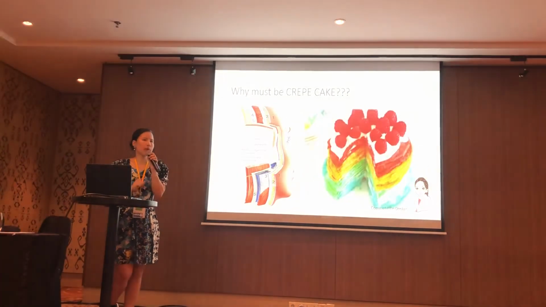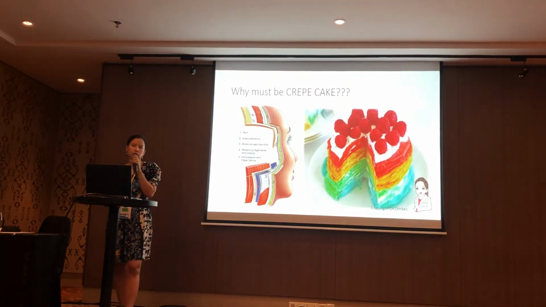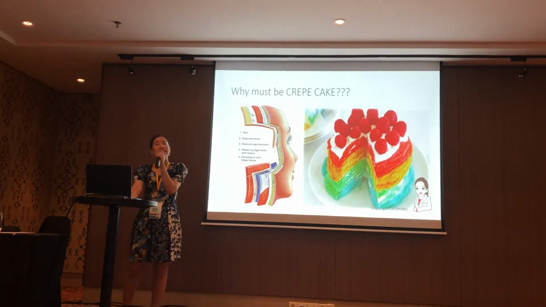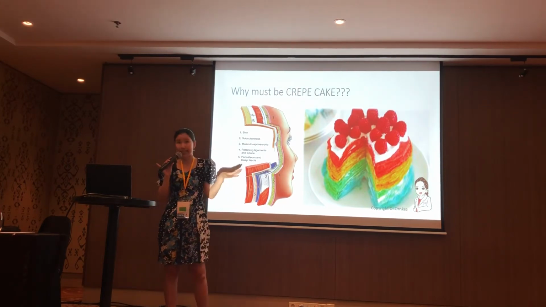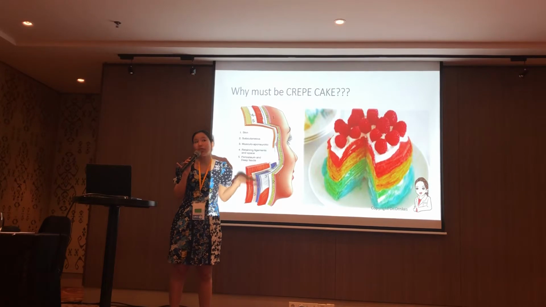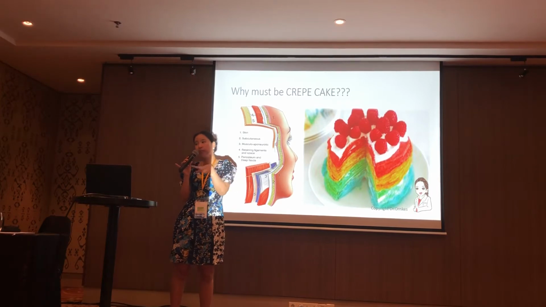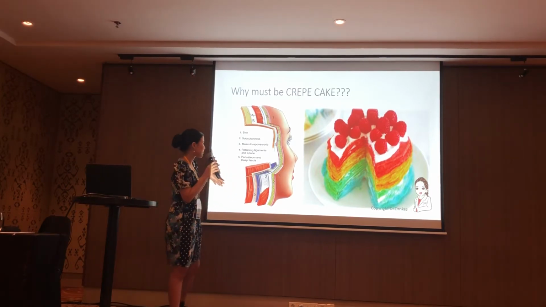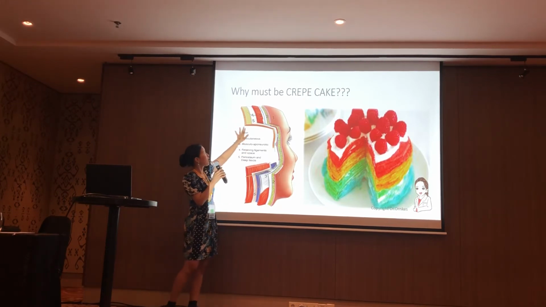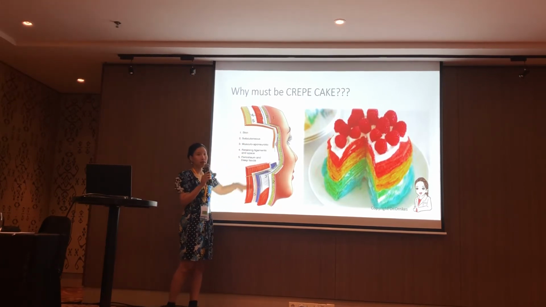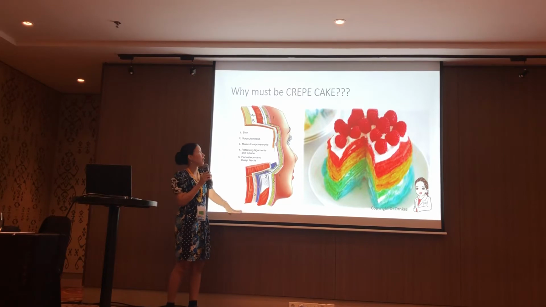That's why my favorite is the crepe cake. The reason for the crepe cake is that you know the anatomy on the face has been arranged layer by layer by layer. It really mimics the crepe cake fashion. So you see in the picture, here is the board, the most bottom one.